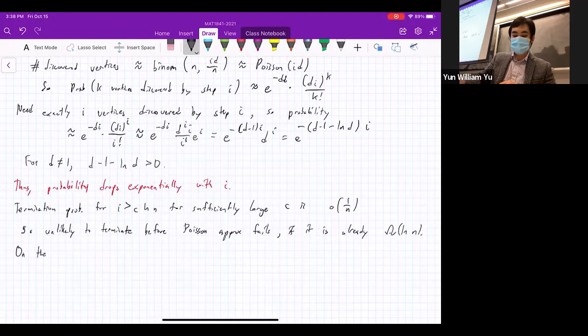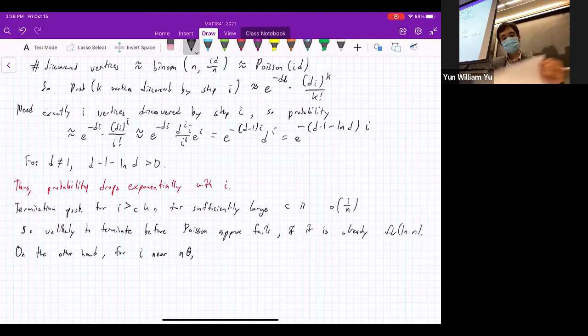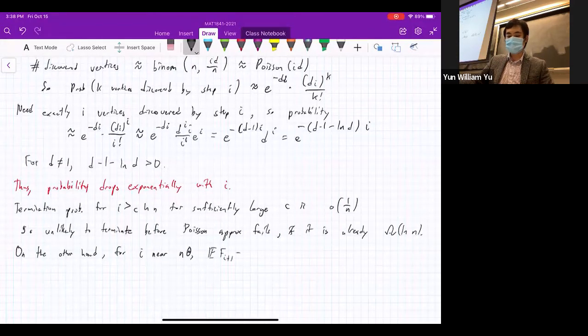So now on the other hand, for I near n theta, we know that the expectation of f sub I plus 1 minus the expectation of f sub I is equal to alpha times I minus n theta for some proportion alpha.